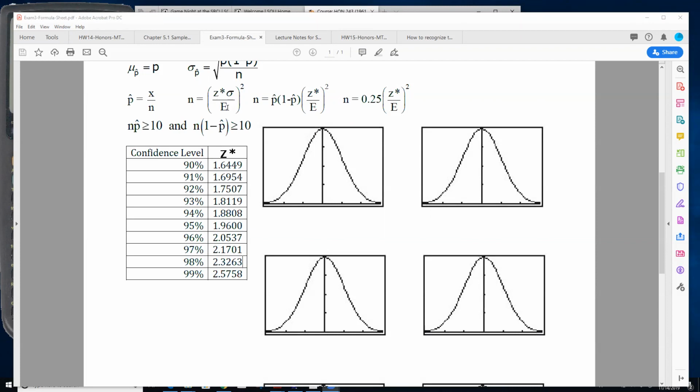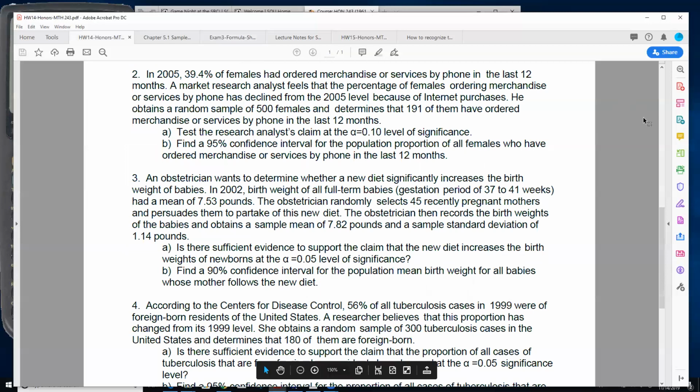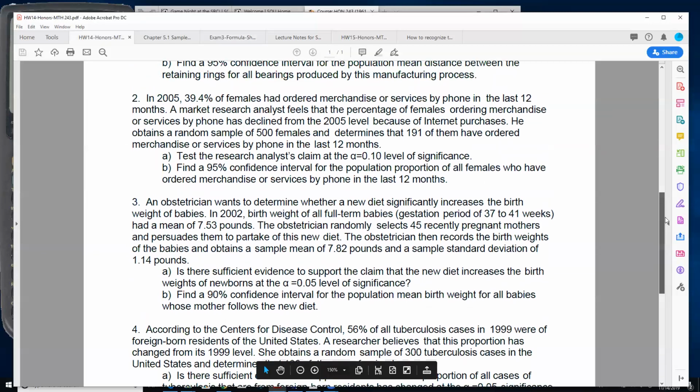The other values are just given to you in the actual question, the exercise, the scenario. So why don't we do this? Let's look at homework 14, and going back to number 2.